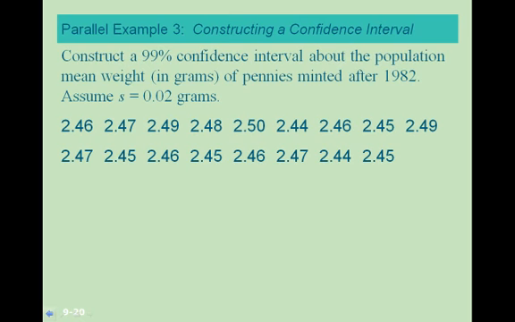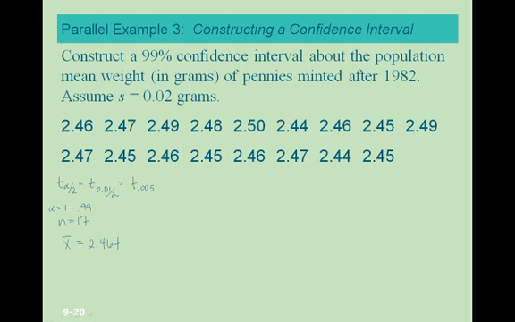So for 99% confidence, our t sub alpha over 2 will be equal to t sub 0.005, remembering we take alpha equal to 1 minus 0.99, and then divide that by 2. And our n value here was 17. And recall from our earlier example that we calculated our mean x bar to be approximately 2.464.